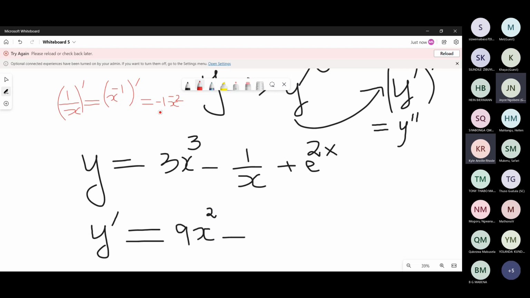So this is basically minus 1 over x squared. Here I write, now it will be plus, 1 over x squared.